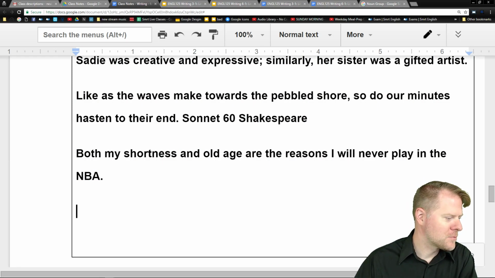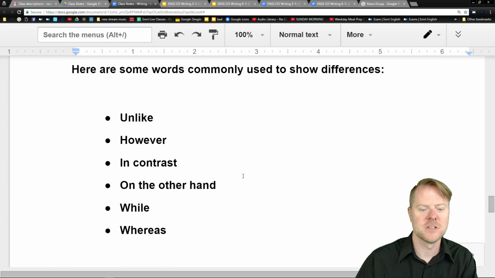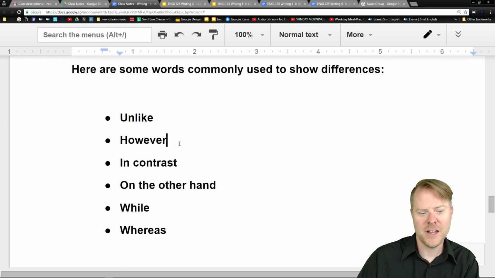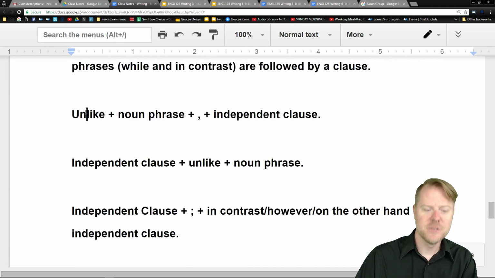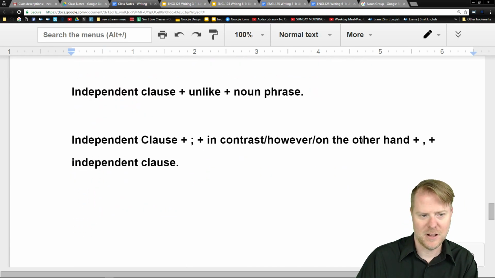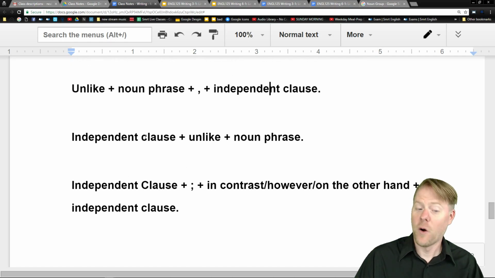Okay, one minute. Difference. Here are some words for difference: unlike, however, in contrast, on the other hand, while and whereas, and they have different rules. If you use "unlike," use a noun phrase, then a comma, then an independent clause. Or you can reverse that: independent clause, "unlike," and then a noun phrase.